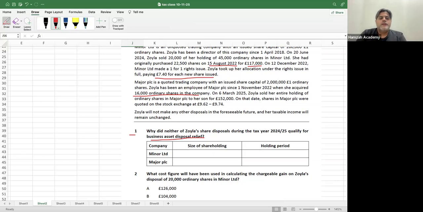Number one, the ownership for the shares has to be at least 24 months over here, right?